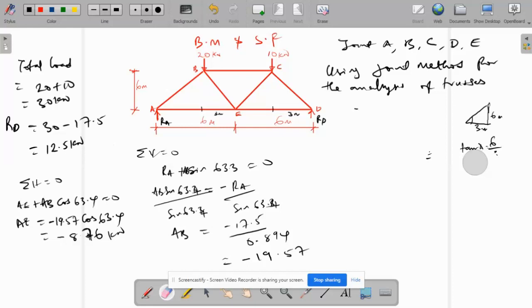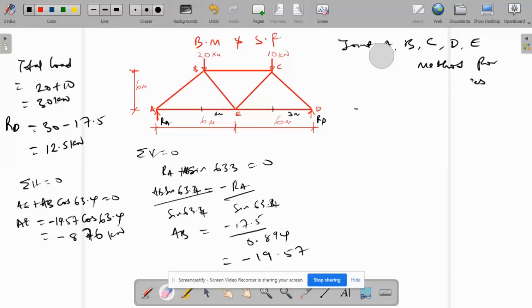At this point, we need to consider joint B. So at joint B, let's draw out the possible forces that we have there. We have the first one, the load acting downward.